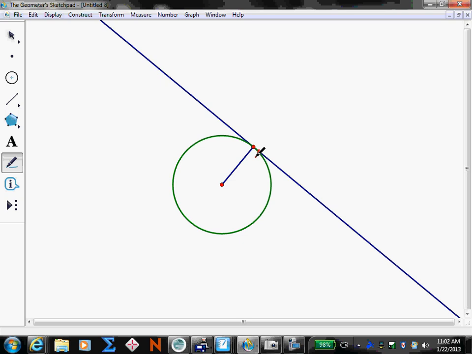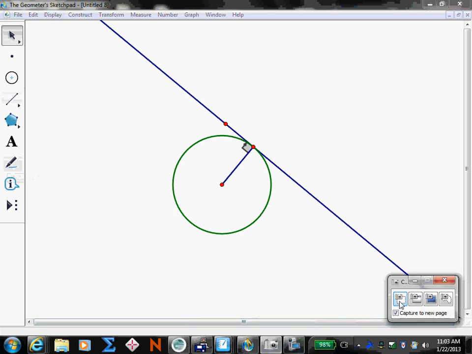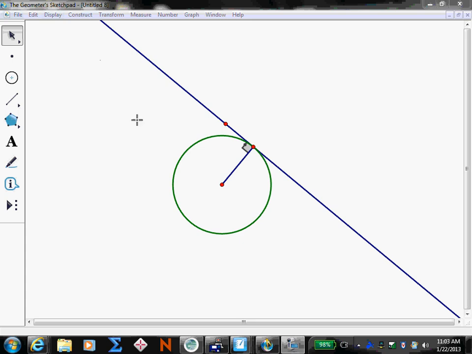Let me see if it'll, I guess it's not going to do it for me. There we go. So now we have the markings. So let's take a picture. And we can put this in our notes to go along with the conjecture.